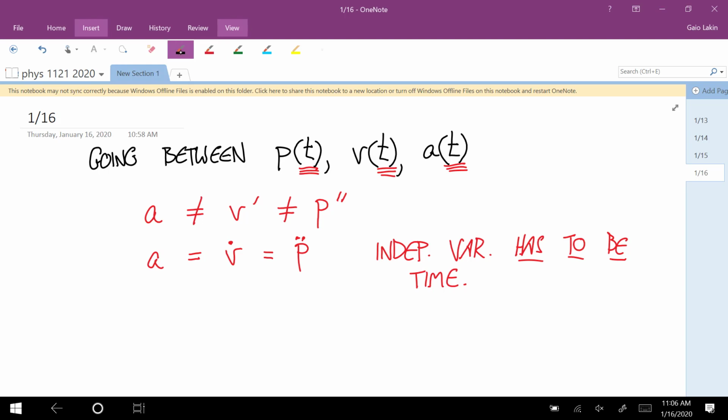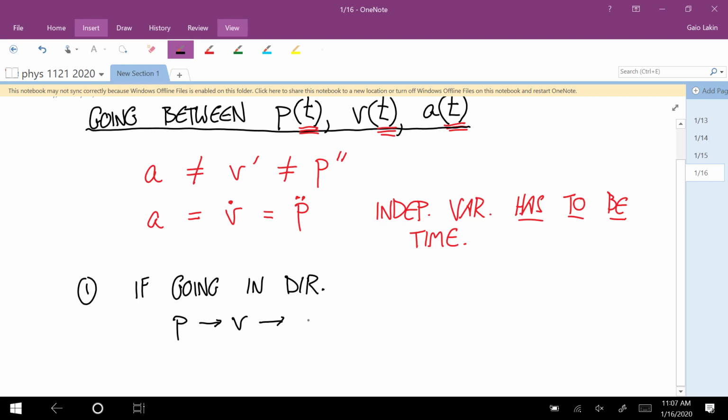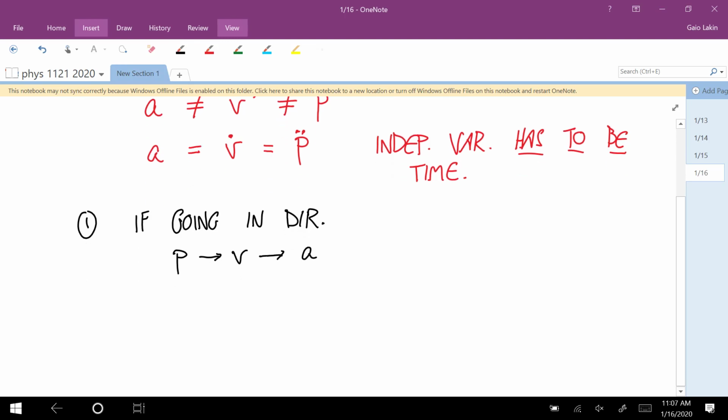Okay, so there's sort of two possibilities here for going between these functions. The first one is if you're going in the direction of P to V or V to A. This is the easy one.